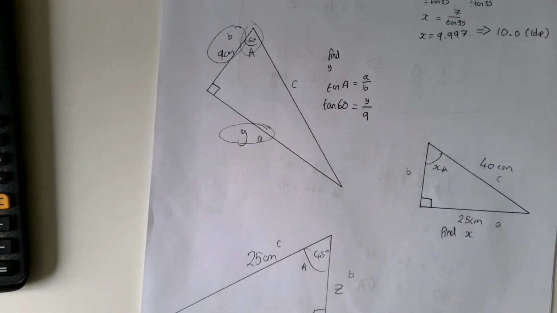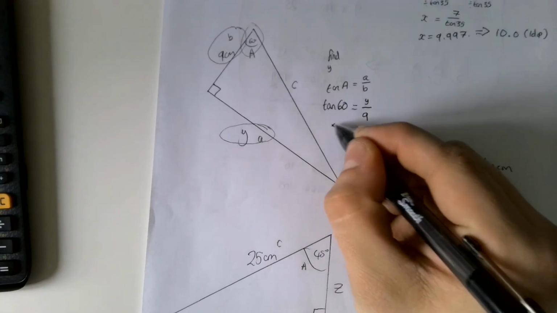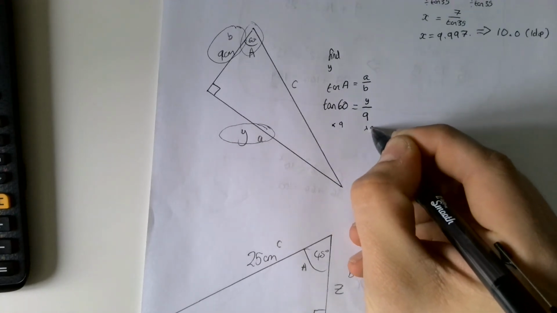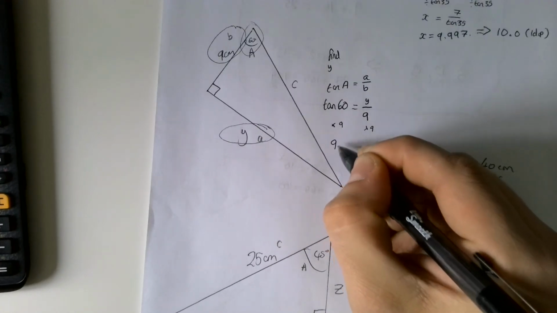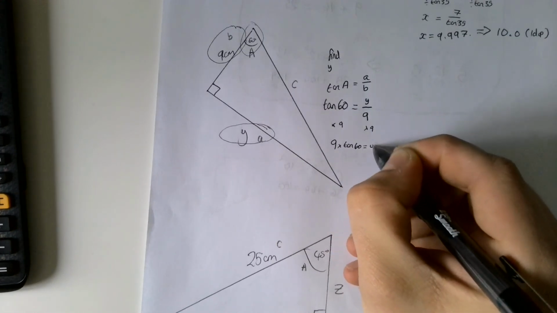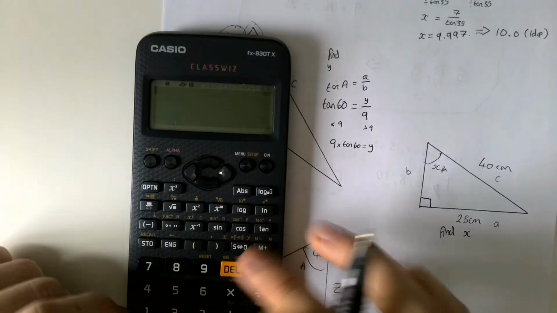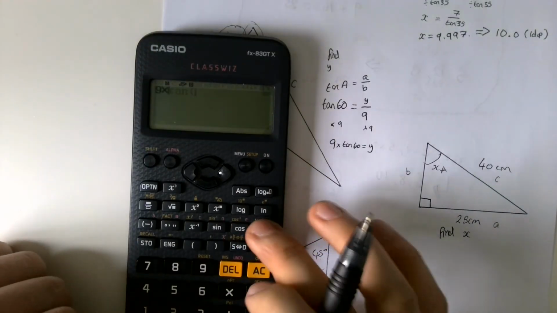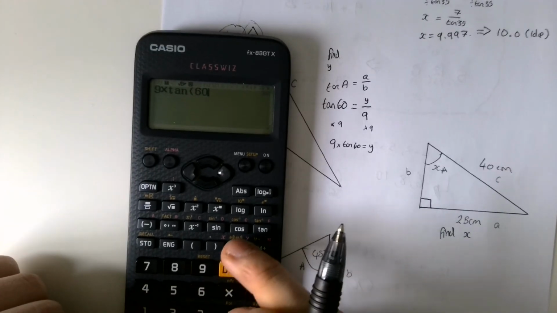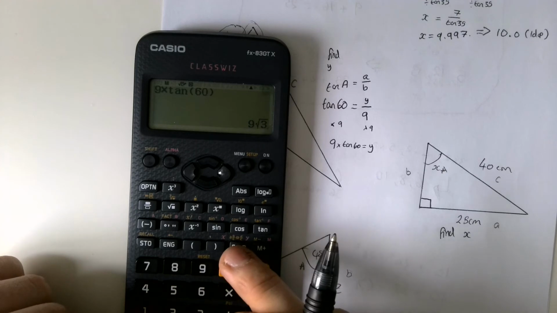So I can do a little bit of algebra there, a little bit of rearrangement, but I actually think this is going to be an easier question to answer. There's fewer steps involved. So I'm going to multiply both sides by 9 to give me 9 multiplied by tan 60 equals Y. Let's type that into my calculator. 9 multiplied by tan 60, close my brackets, so 9 root 3.